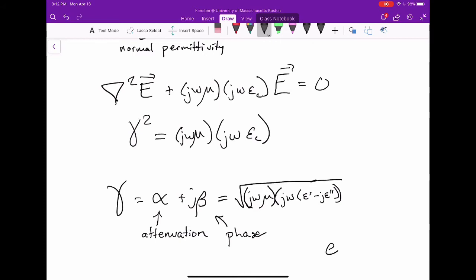When we have e to the gamma z, or e to the gamma whatever your propagation variable is, let's say e to the minus gamma z, so we're going in the plus z direction. That's going to be e to the minus j beta z, so it'll accumulate phase like it normally would, and then it's going to also have e to the minus alpha z, which is going to cause our electric field and our magnetic field to lose amplitude as they propagate along the direction of propagation.